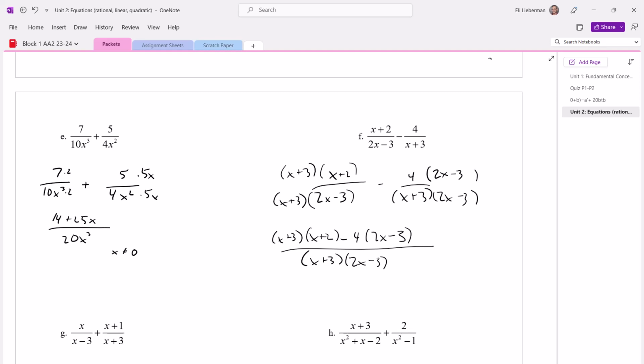Just the top. The bottom, we're going to leave it alone because it's already factored. Don't touch that denominator. Top, distribute, simplify, see if you can factor it.